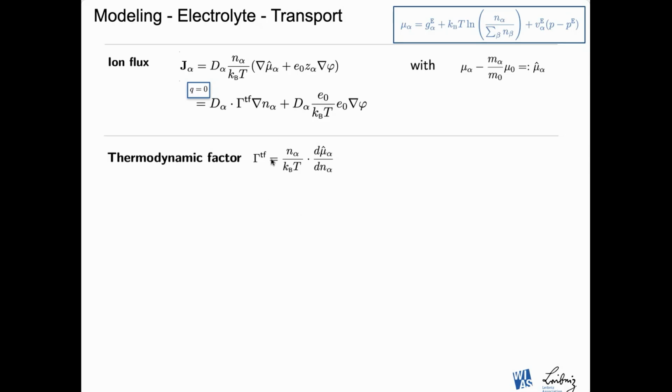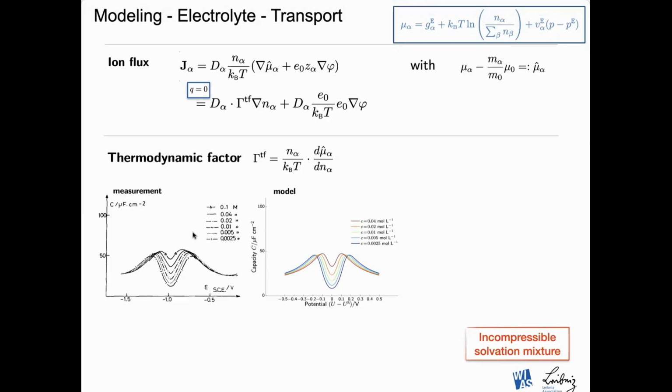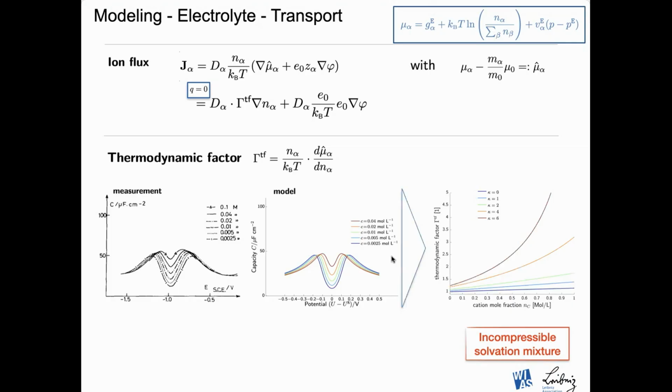And the funny thing is that this factor, if you look into this equation, gives you a lot of the concentration dependency of a diffusion coefficient, or the chemical part of it. This is something you get for free when you know what the chemical potential function is. And I hopefully convinced you somehow that you can validate these chemical potential functions by capacity measurements. Based on this, you can predict what the thermodynamic factor is.